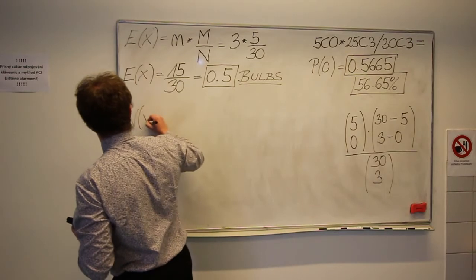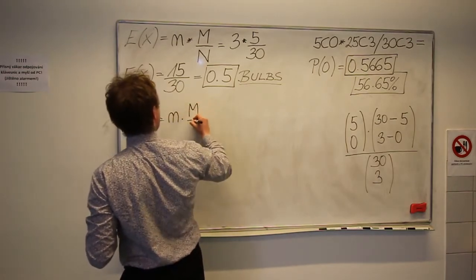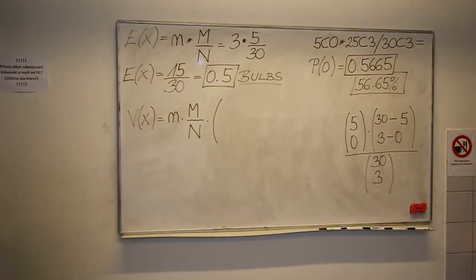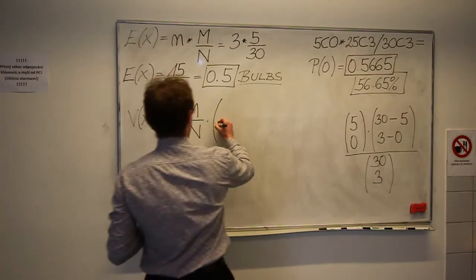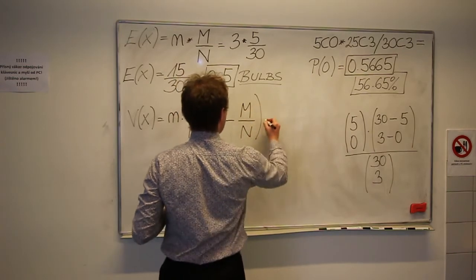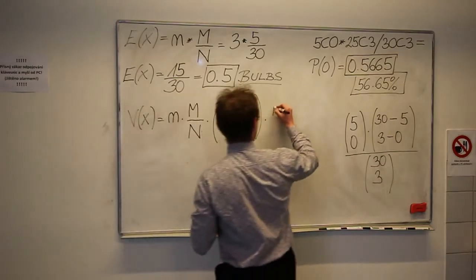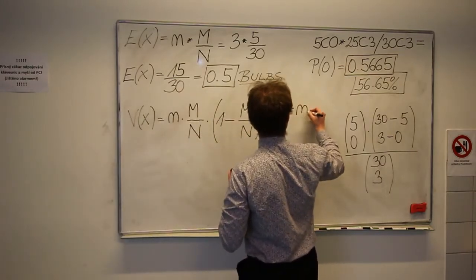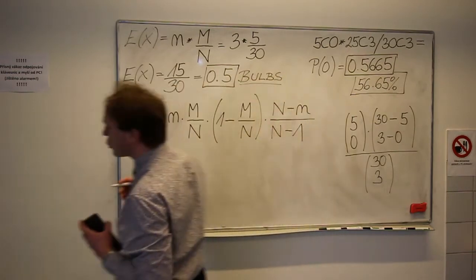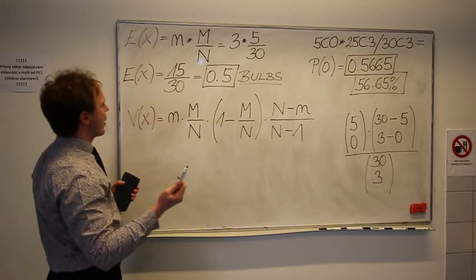Variance is calculated like small n times capital M divided by capital N times, and there is 1 minus capital M divided by capital N, times capital N minus small n, divided by capital N minus 1. I will check it one more time. Yes. So this is the formula for the calculation of variance.